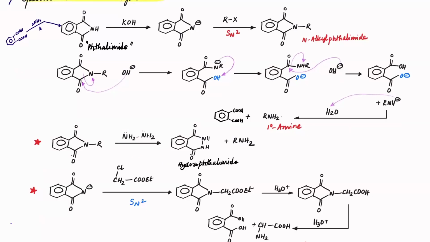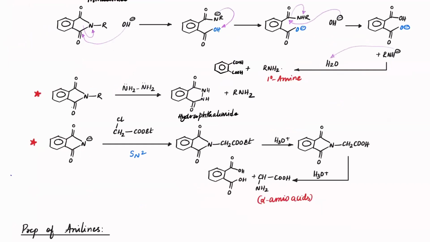Hydrazine will attack here, the second nitrogen will attack here, then both will remove nitrogen in the form of RNH2. This would be a better deal because here removing NH2 minus is very difficult. You require some heat also, while here it can be much easier. First, it will form a very nice cyclic ring, which is hydrophthalimide, and RNH2 as a primary amine can be extracted.